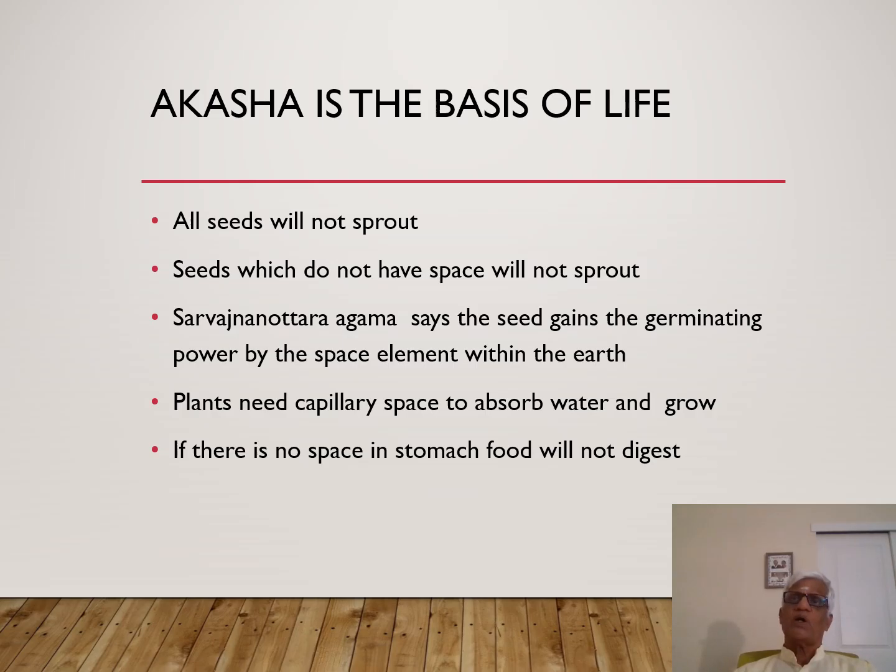These are all the need of the plant to sprout and grow. Plants have internal space through which water is transmitted from the ground into the leaves, etc. The leaves have space by which transpiration and photosynthesis, etc., take place.